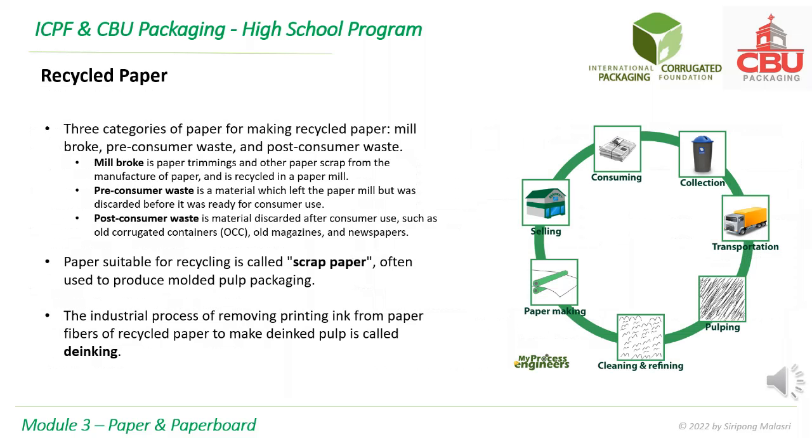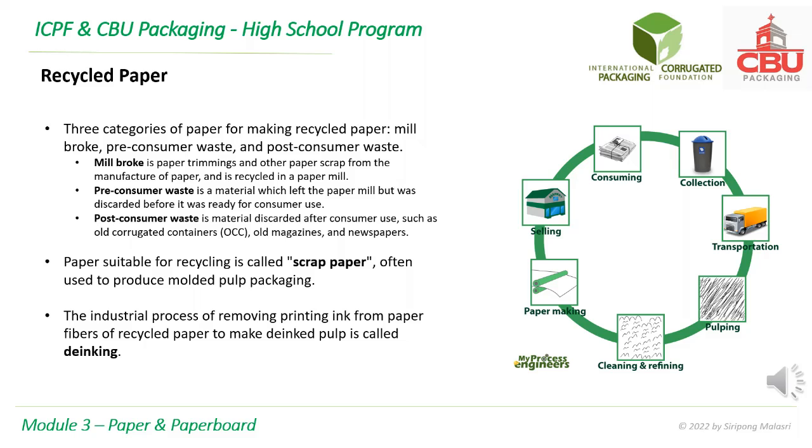There are 3 categories of paper for making recycled paper: mill broke, pre-consumer waste, and post-consumer waste. Mill broke is paper trimmings and other paper scrap from the manufacture of paper, and is recycled in a paper mill. Pre-consumer waste is a material which left the paper mill but was discarded before it was ready for consumer use.